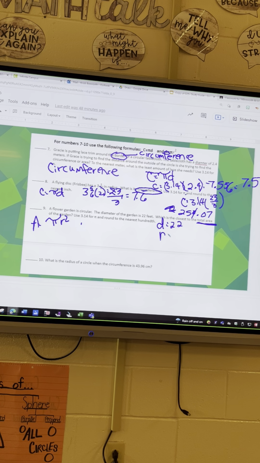What is R? If it helps you, come over here and draw a picture. Here's my circular garden. It has a diameter of 22, and I need the radius, from here to here. R is going to be 1/2 of 22, which is 11.